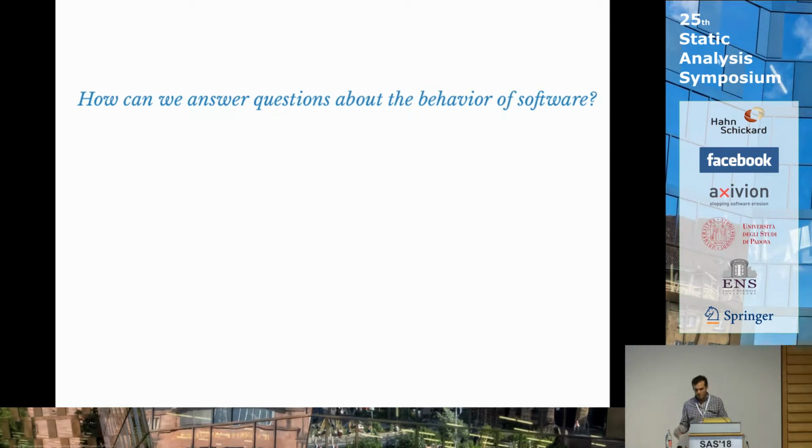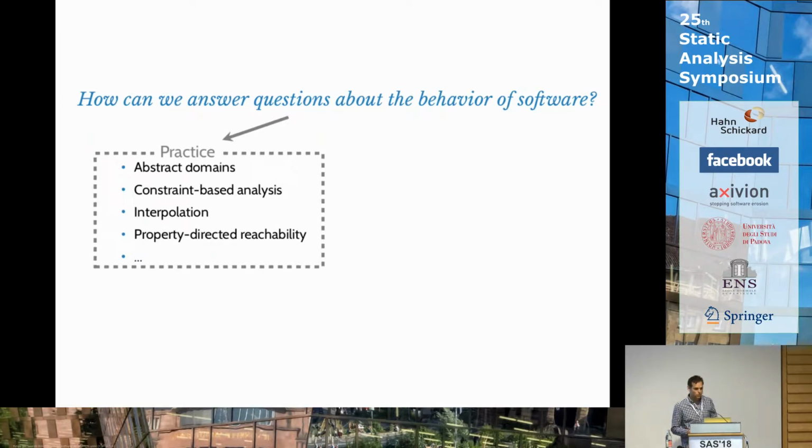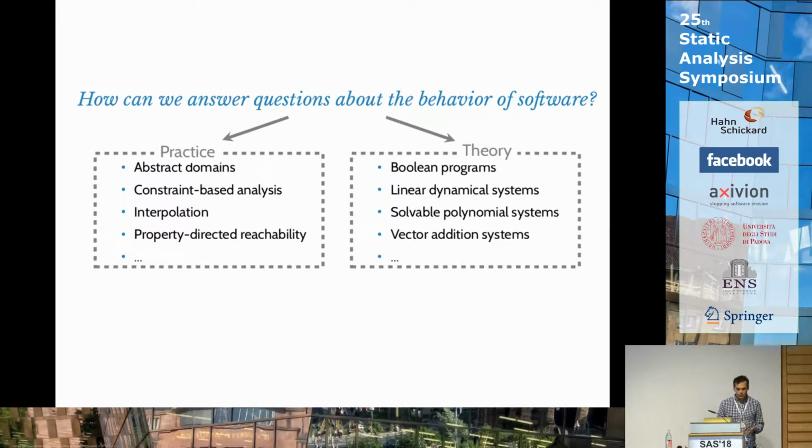Okay, so we here at the Static Analysis Symposium are all interested in how we can answer questions about the behavior of software. And one particular view of this field is that we can separate it into a practical side where we say, okay, everything's undecidable, let's figure out how to answer questions often enough to be useful. And then we have a theoretical side where we say, okay, everything's undecidable, but why?